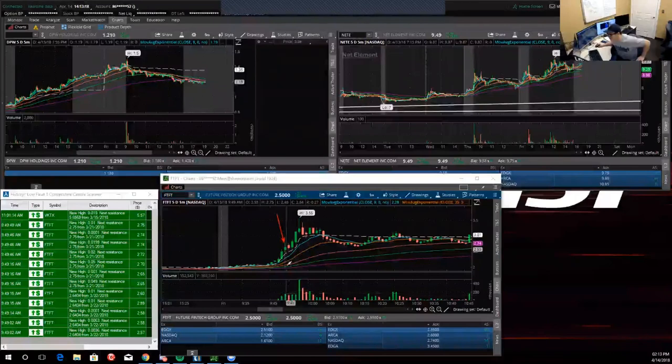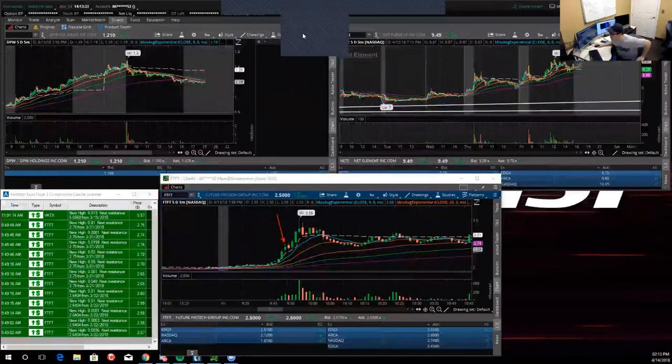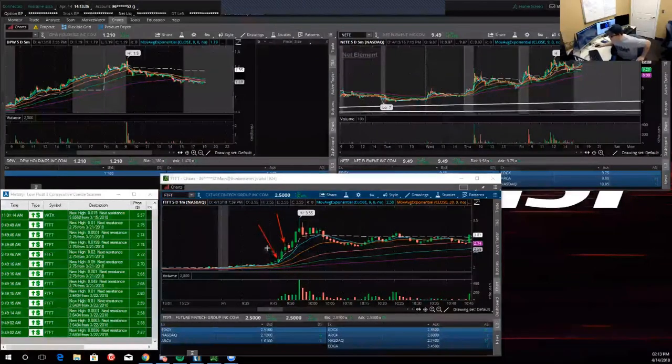Now this one was alerted at 9:49, so the question is, why wasn't it alerted before? Why can't we get it at this time frame? Well, we can. If you play around with the scanner long enough and you test it, you could probably get the alert to come through right here on this candle, or maybe even these candles here. But by changing the scanner criteria right now to try and get it to alert us right there, we might end up picking up a stock that looks like that, and that, and that.